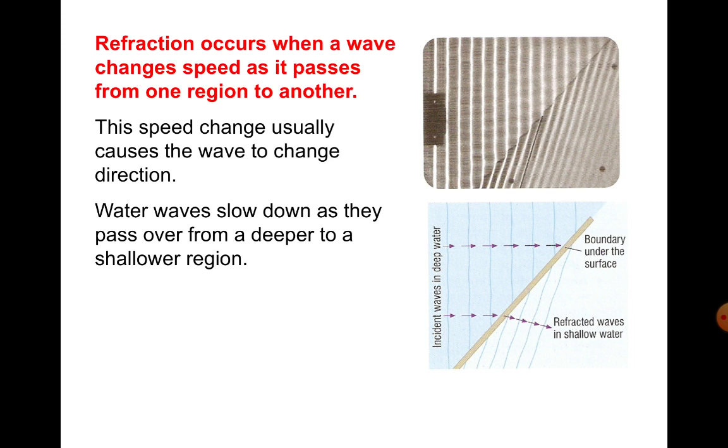So the water waves slow down as they pass over from a deeper region to a shallower region. Now, if you would go from a shallow region to a deeper region, you would see the opposite effect. It is important to note that in IGCSE you get a question like this, and you need to know where the deeper region and the shallower region are, and you have to draw the lines, and also show that the wavelength is decreasing when water waves go from deeper to shallow water.